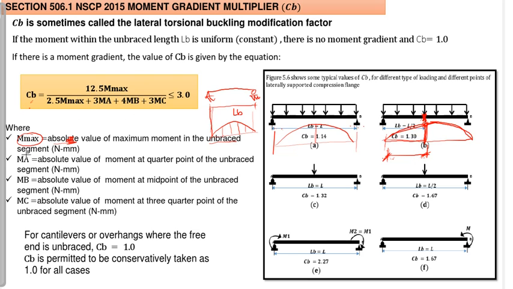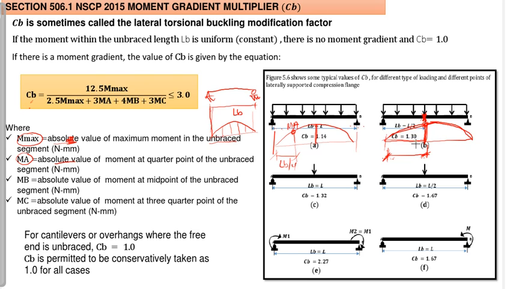So, ano naman yung MA? So, yung MA natin is the absolute value. Again, that is always positive of our bending moment at quarter point nung ating unbraced length. Yung ating LB at quarter point. So, for example, dito, kasi ito yung buong span mo is our unbraced length. Yung quarter point niya, that is LB over 4, andito yung MA natin.